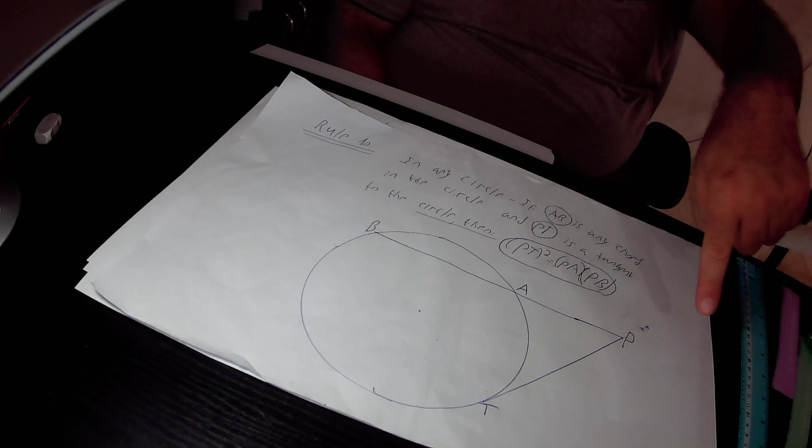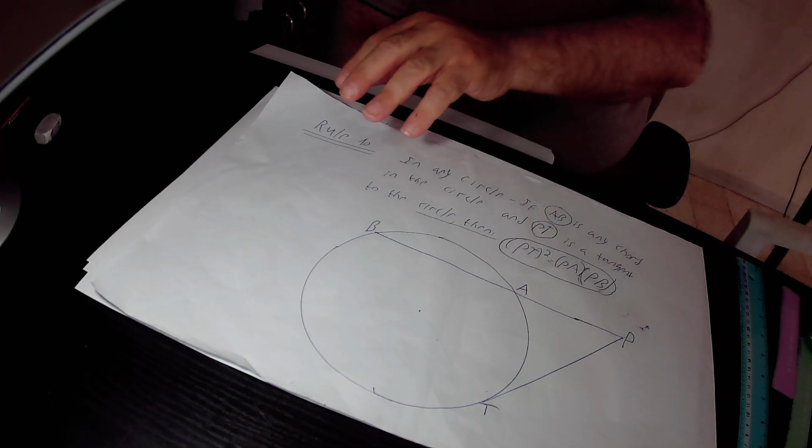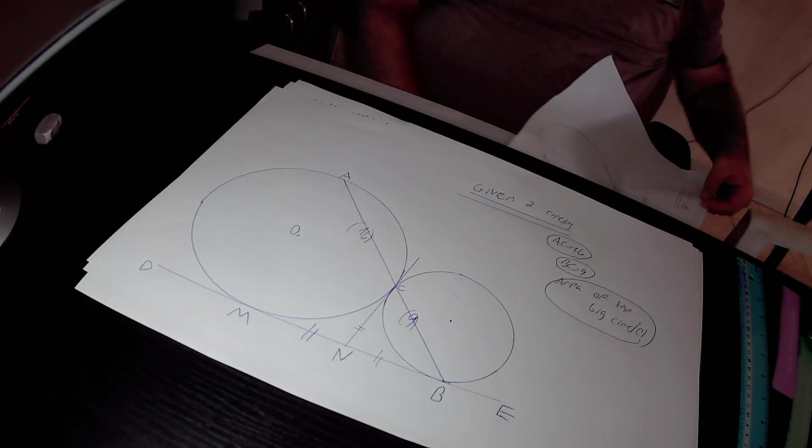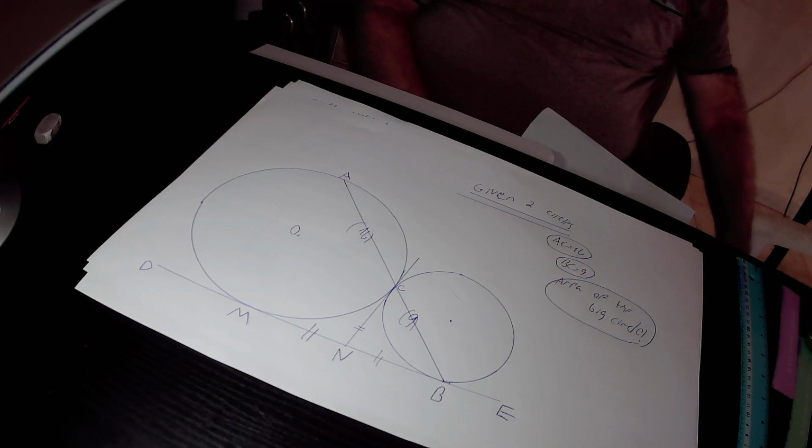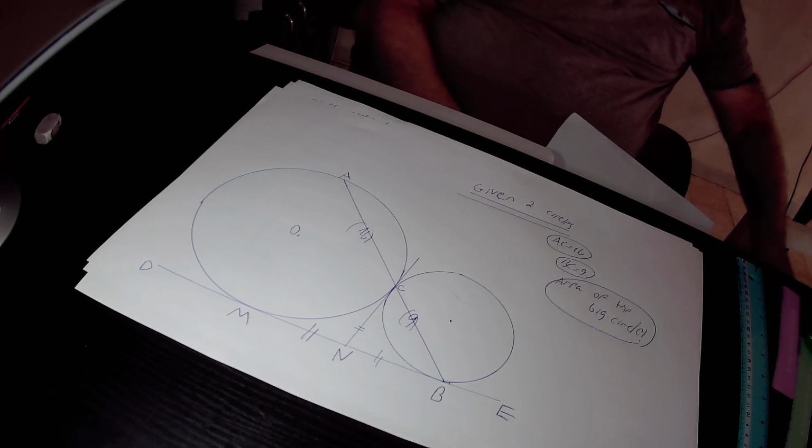Again, PT square equals PA times PB. So can I try to implement rule 10 in our drawing?